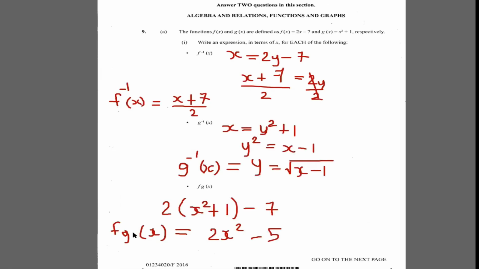Now, this question goes further to ask us to find an expression for fg inverse of x. So find the inverse of this composite function here. So fg of x is 2x squared minus 5. We're going to call fg of x y.